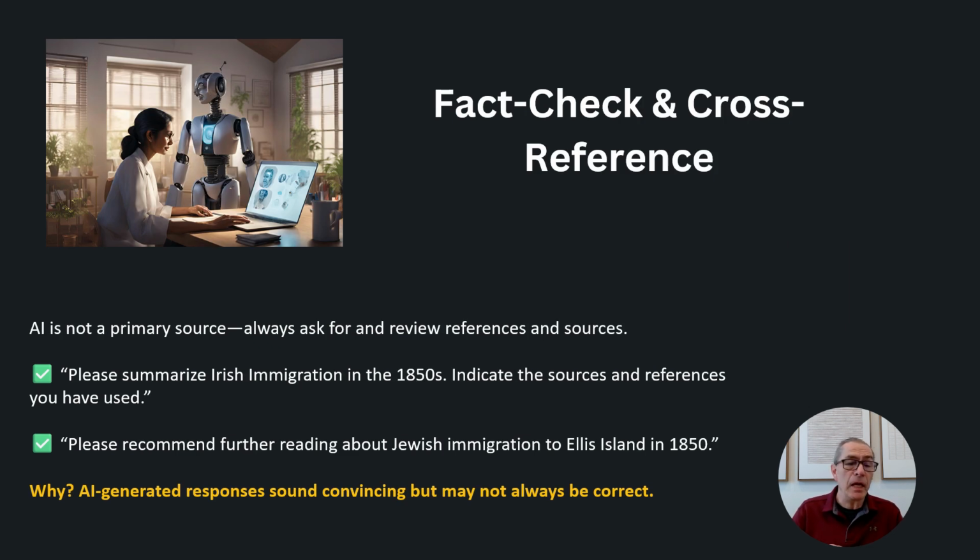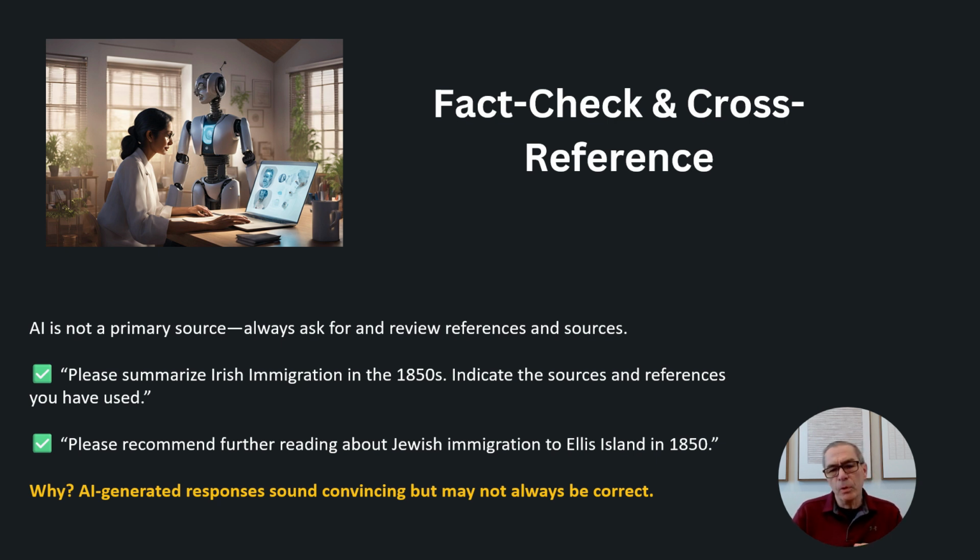Then obviously AI is not a primary source. Always ask and review references and sources. Now it may give you incorrect references and incorrect sources, so always check what the sources are. And you can do that as part of your prompt, indicate the sources and references that you've used, but check those references. Even if ChatGPT is giving you a reference, don't take that to be a true reference.